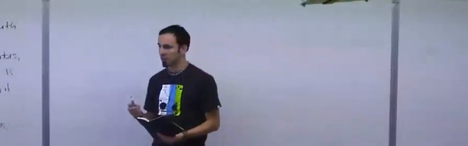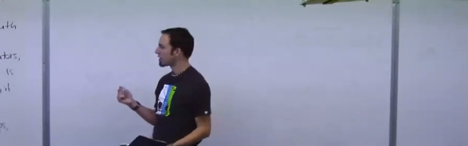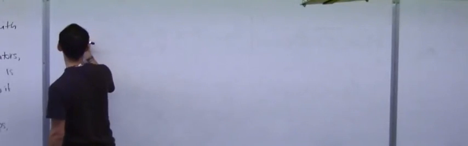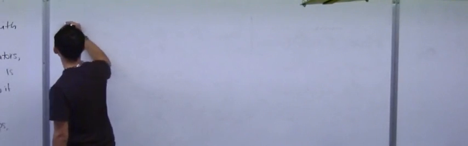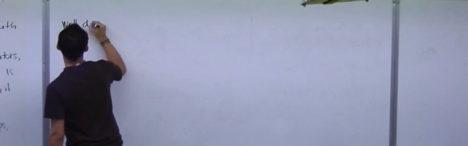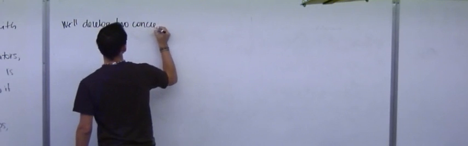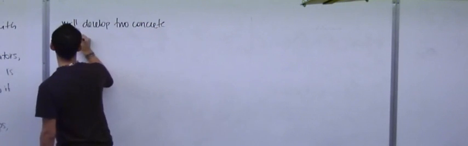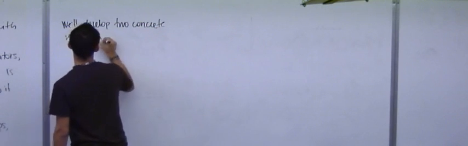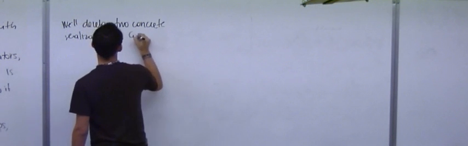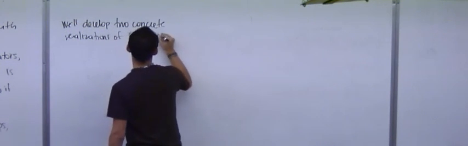But hopefully this convinces you that really this presentation is not sufficient for us, and we really want to develop some more concrete ways of thinking about Coxeter groups. And so that's the next thing we're going to do: we will develop two concrete realizations of Coxeter groups.